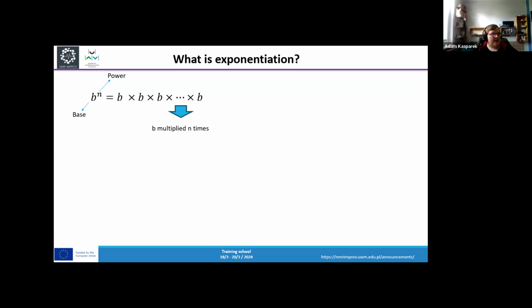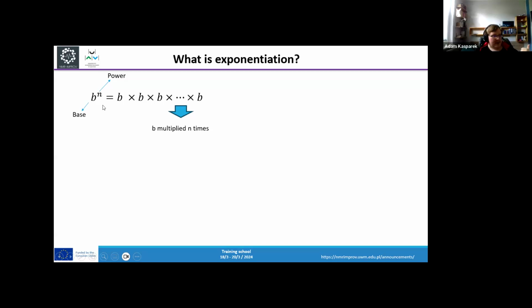And what is exponential? When we say that b is raised to the power n, we mean that we take b and multiply it n times. So for example, b to the power 2: we take b and multiply by b.